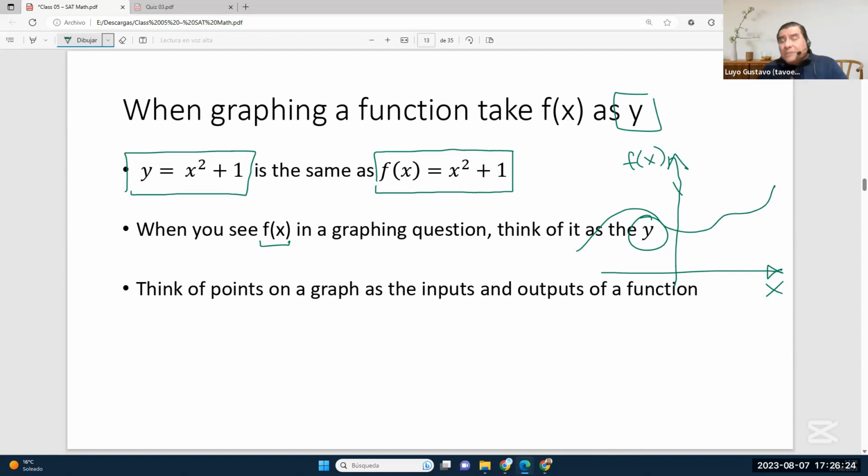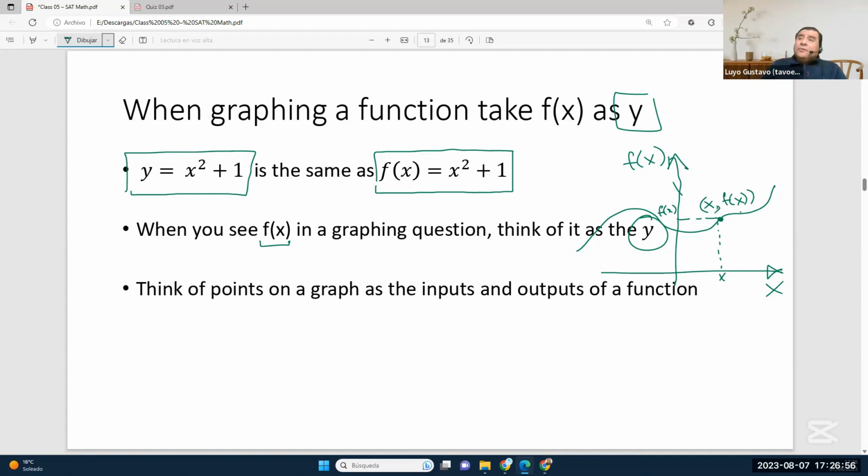Every point on this curve has two coordinates. Say, for example, here. This coordinate means the x value, and this one is y or f of x. So actually, the pair of coordinates that describes the position of the point in the coordinate plane is actually the input and the output of a function. You can interpret like that, okay?